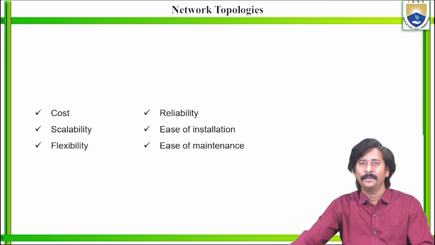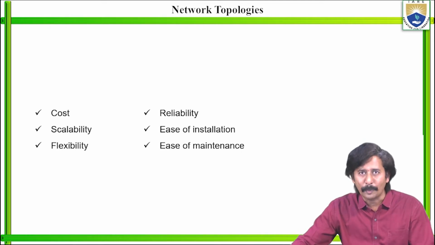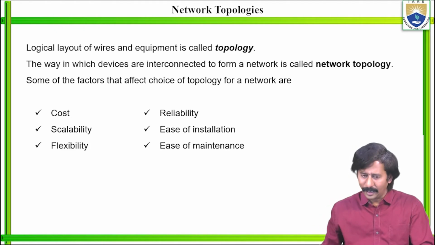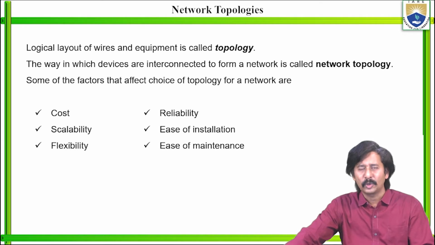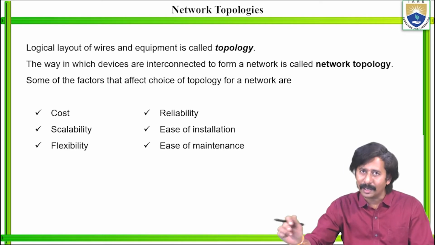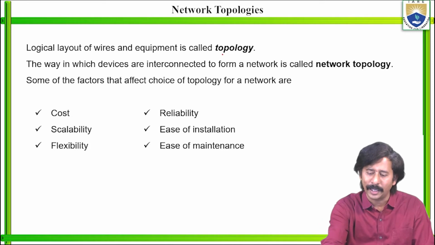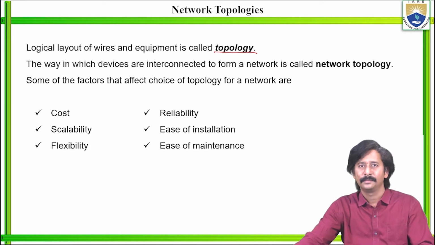Then coming to the next concept, network topologies. What is a topology? Why do we need topology, particularly in networks? A logical layout of wires and equipment is called a topology.